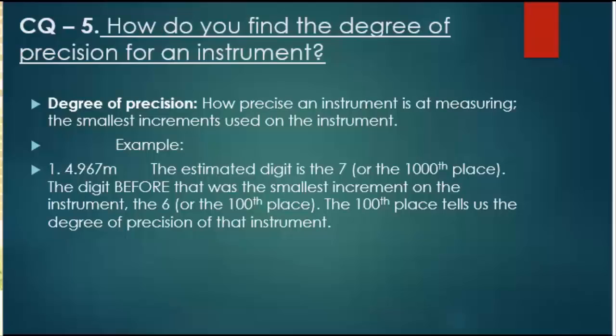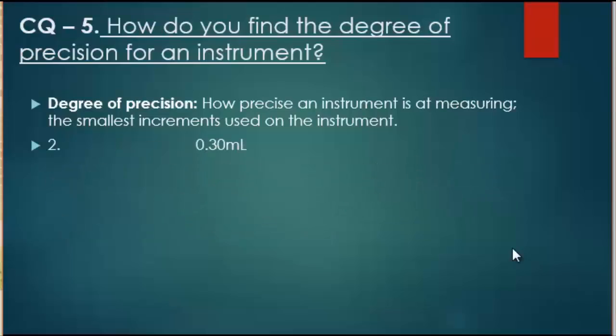So that one, number 7, wasn't actually on your instrument. It wasn't on the ruler, it wasn't on the beaker or the graduated cylinder. So the last number that was on the actual instrument would be 6. So that is your degree of precision. The degree of precision of the instrument is the 100th place. Okay? The estimated digit is the 1000th place.